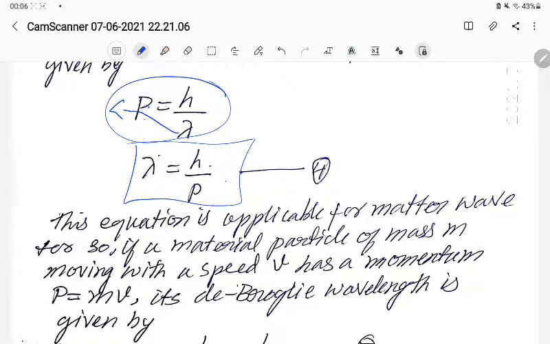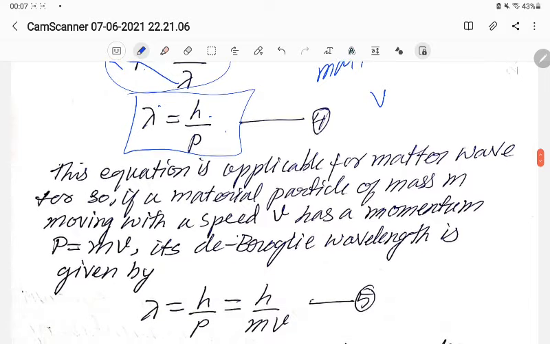Lambda equal to h by p, but we have to find the de Broglie wavelength for matter. Matter wave. So matter will have some velocity v. So this equation is applicable for matter wave too.